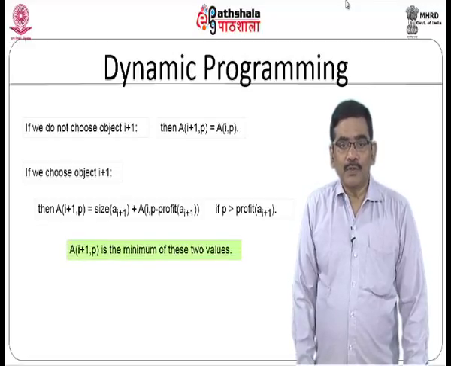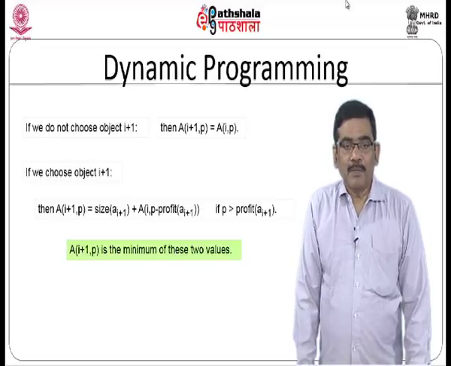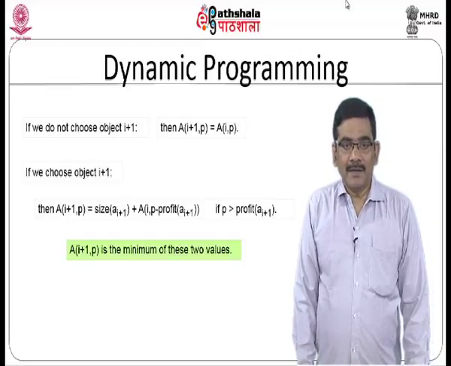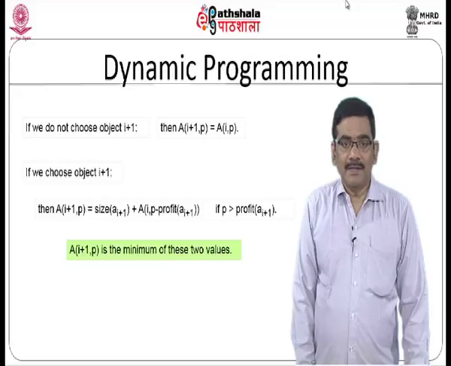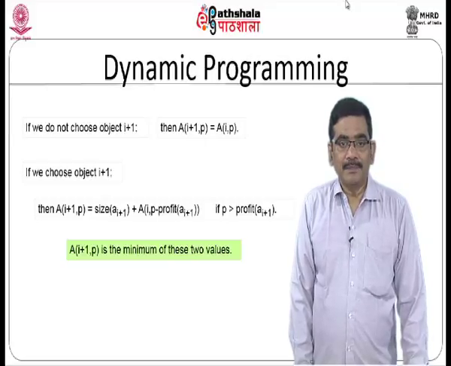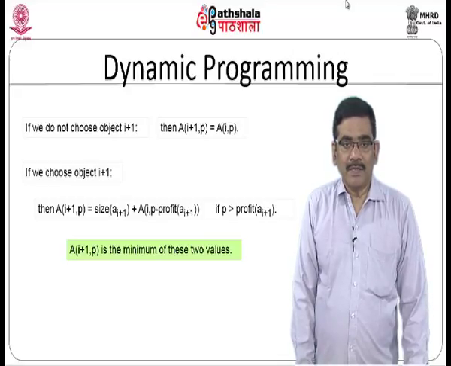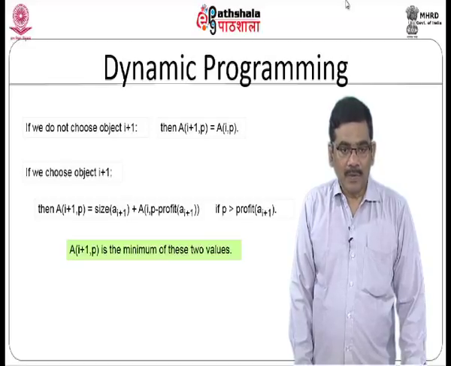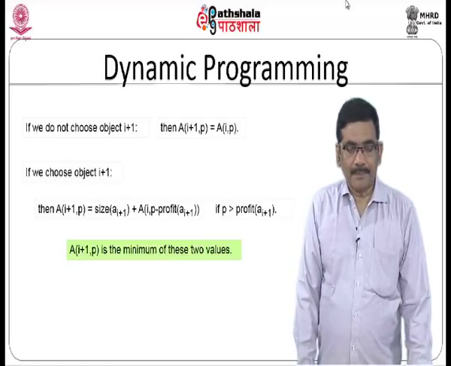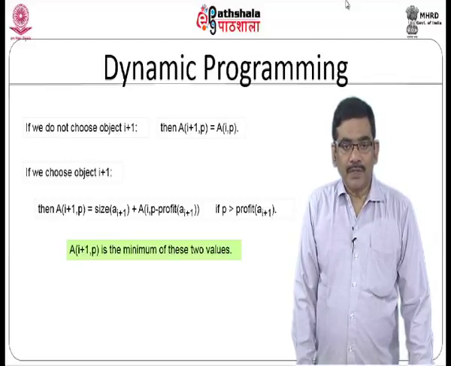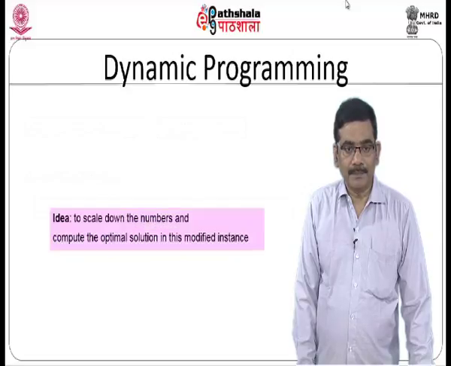So, we have to choose the minimum of these. Probably you can recollect that in dynamic programming we formed a table and started recursively filling this table, and the objective of using this table is to reuse these values so that the values of the next row or column can be computed. The objective is to reuse rather than recompute.